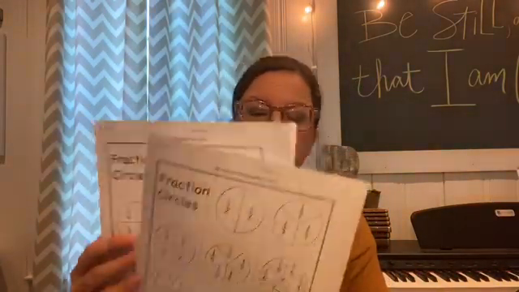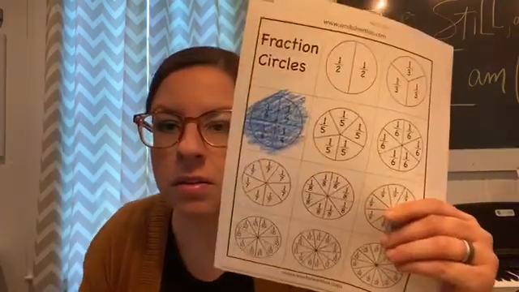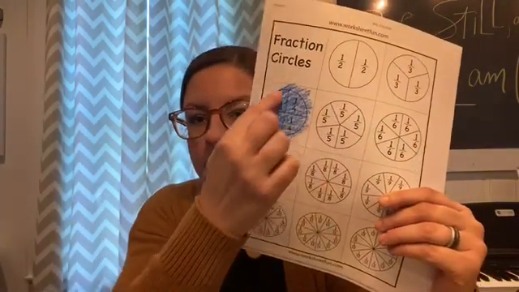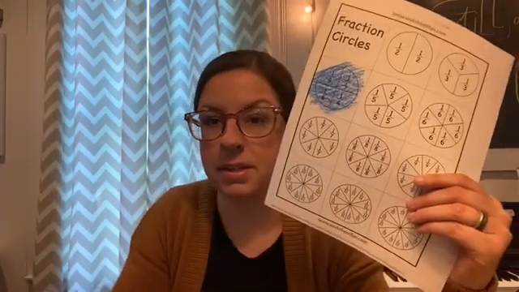If you have a printer, print out as many as you want, and then color them before you cut them out. Okay, so see, if I want blue 1/4, color it, and then cut them out, cut them into pieces, okay?